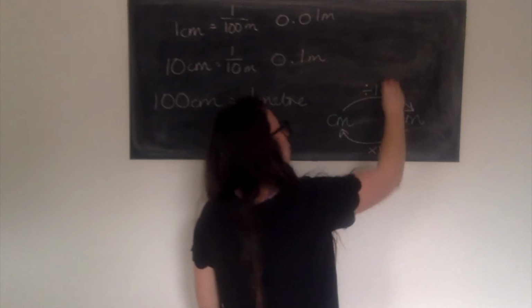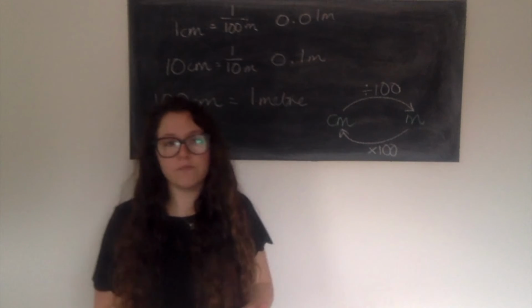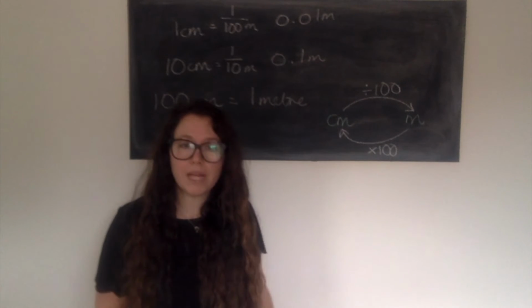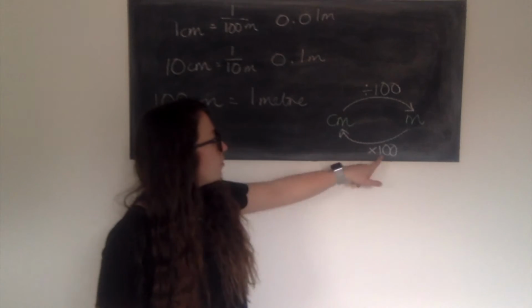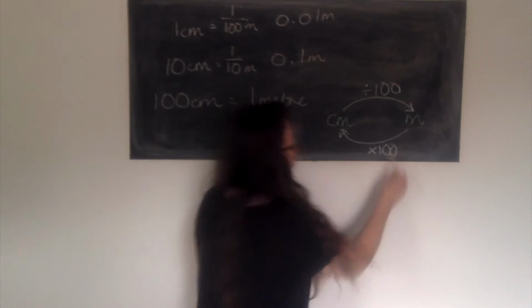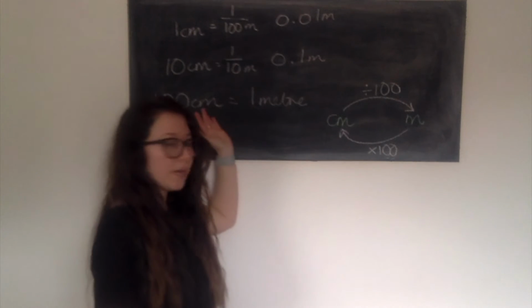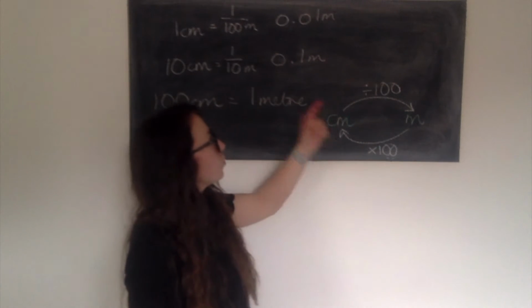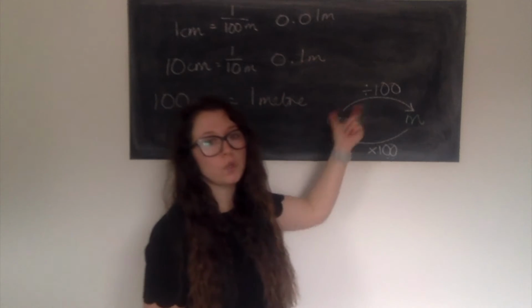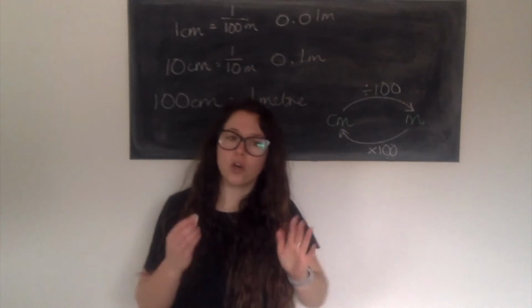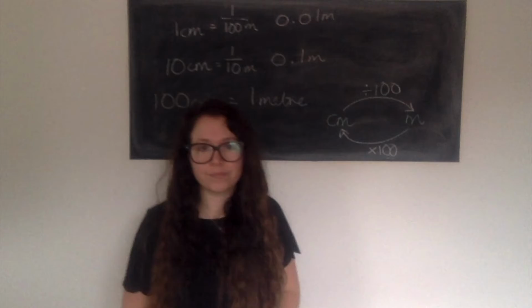Now hopefully you remember that to multiply and divide by 100, you can use a place value grid to help you. So we are moving 2 places to the left to multiply by 100, making it 100 times bigger. And to divide by 100, we're moving all of our digits 2 places to the right to make it 100 times smaller.